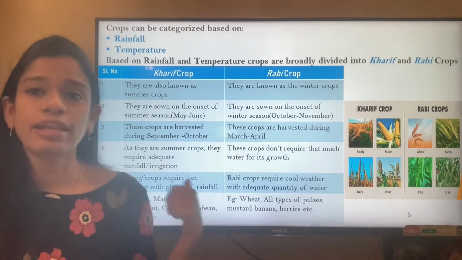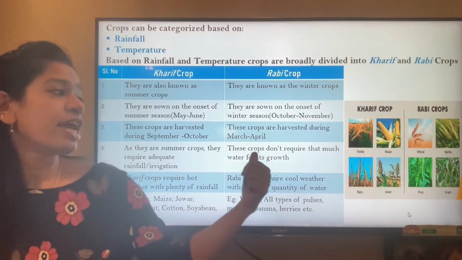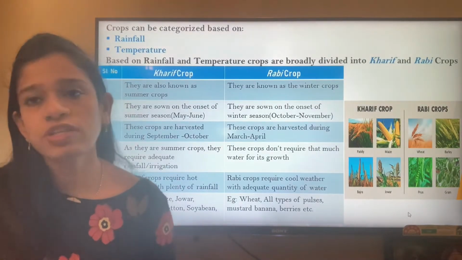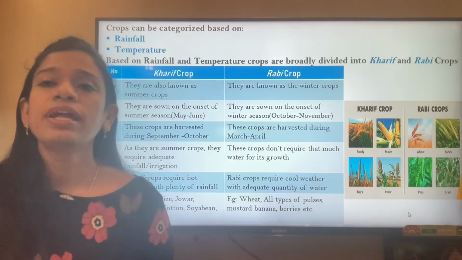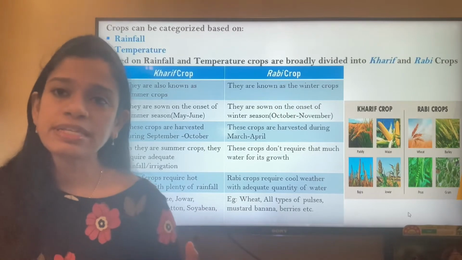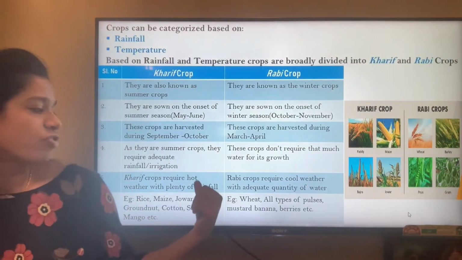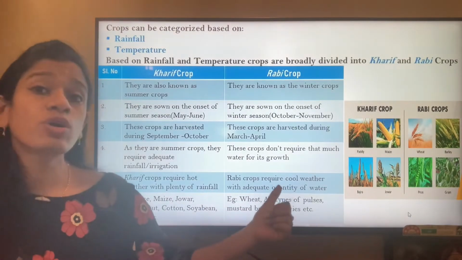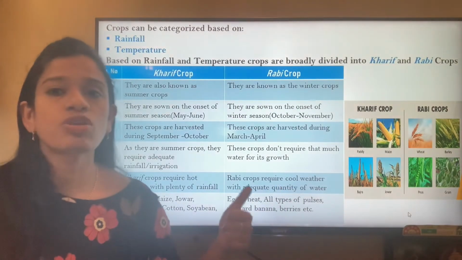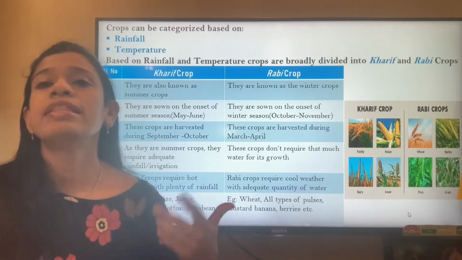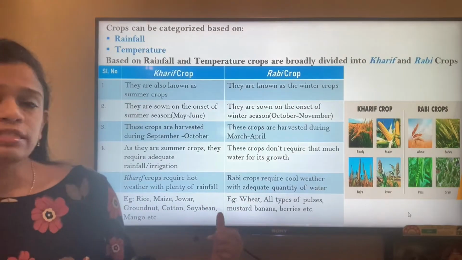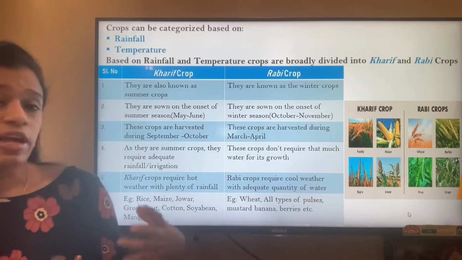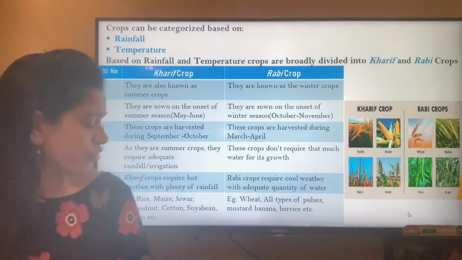I told you they love rainfall, and Rabi crops don't require that much water. Plants always require water for growth, but a limited quantity is enough for them. Kharif crops require hot weather with plenty of rainfall, and Rabi crops require cool weather. I told you they have been divided based on what climate they like, and examples are maize, jowar, rice. Rice is a very good example of a Kharif crop.